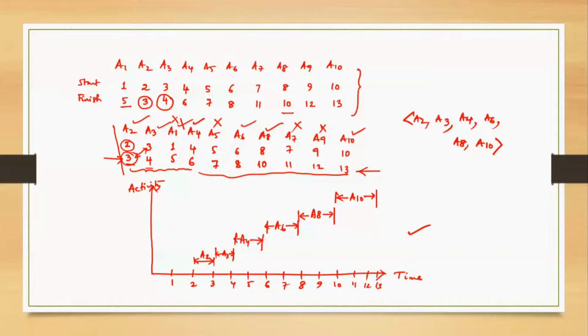So now it is the time to derive the algorithm. The algorithm is very simple to implement. Let us move on to the next slide. Suppose that the name of the algorithm is activity-schedule.